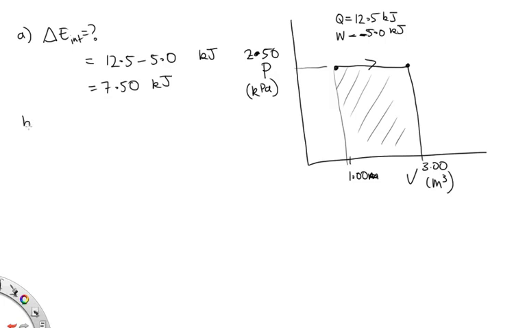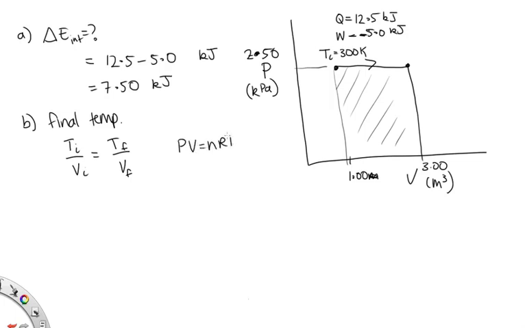Okay, part B asks us to calculate the final temperature. And we're told that the initial temperature is equal to 300 kelvins. Now we know that this is an ideal gas, so the easiest way to solve it is that the initial temperature over the initial volume is equal to the final temperature over the final volume, because we've got PV equals nRT.